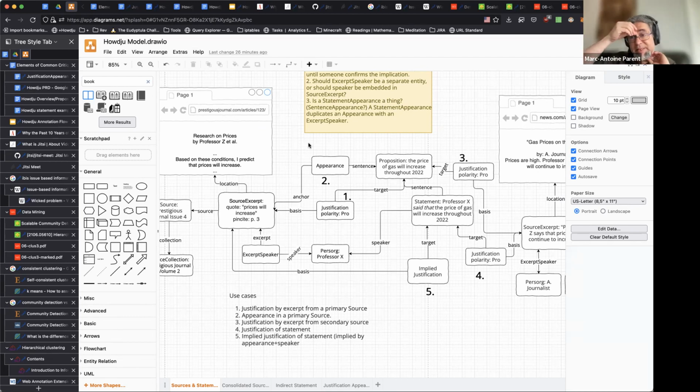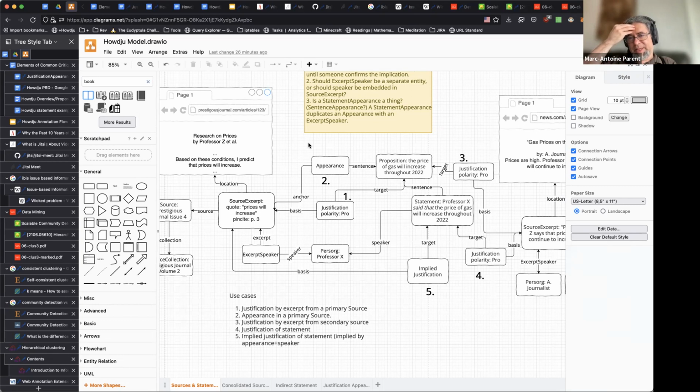And somebody else in a totally different paper, or even Professor Z, saying that the increase of price of oil would have this economic impact, which does not assert the premise. That's a different appearance, a hypothetical. One can be used as a justification and not the other, obviously.